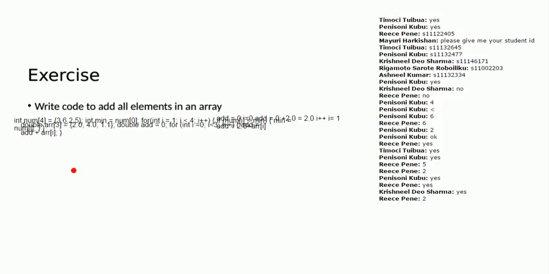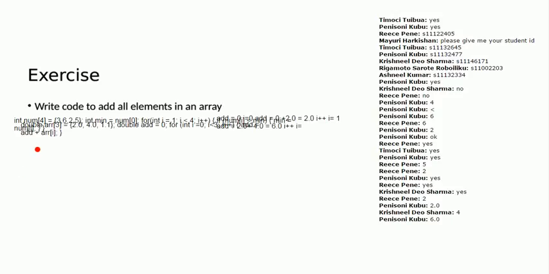And our index i is 1. What is array at index 1? It becomes 4.0. And then our value is now 6.0. Now let's go back to the for loop and do i plus plus.